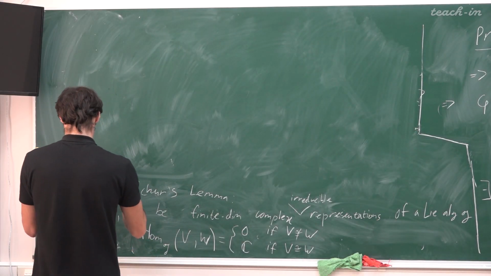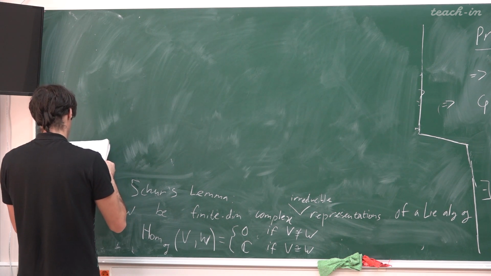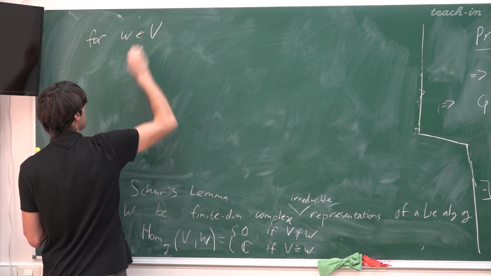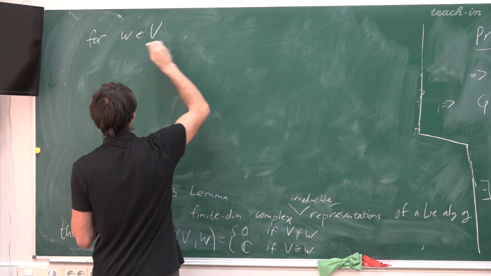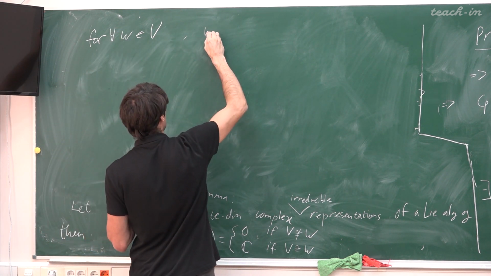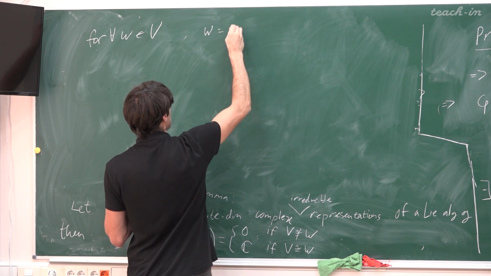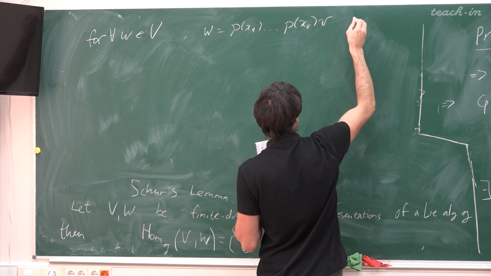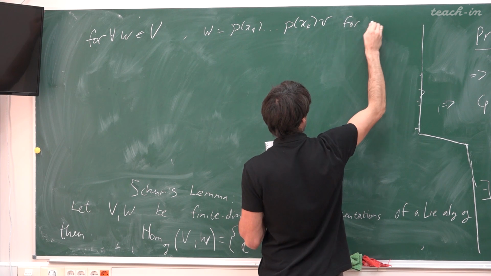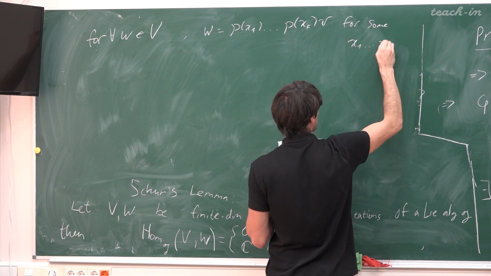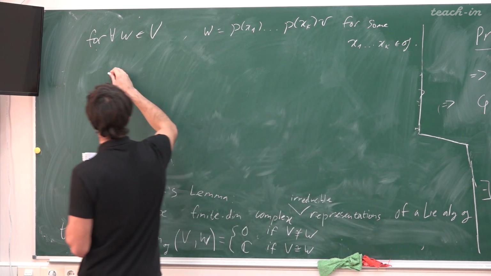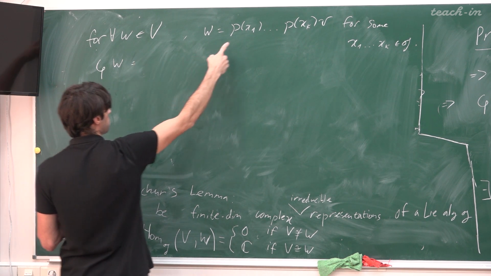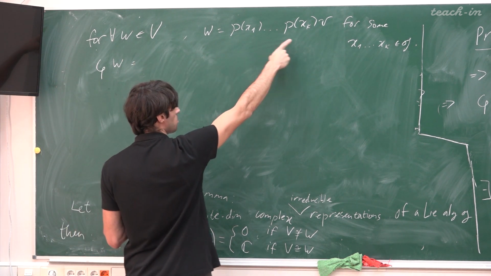So let me take some w for any w in V. We can write w like that for some x1, xk from G. And then if I take my phi and act on w, it will be phi applied to this, but phi commutes with all these things.